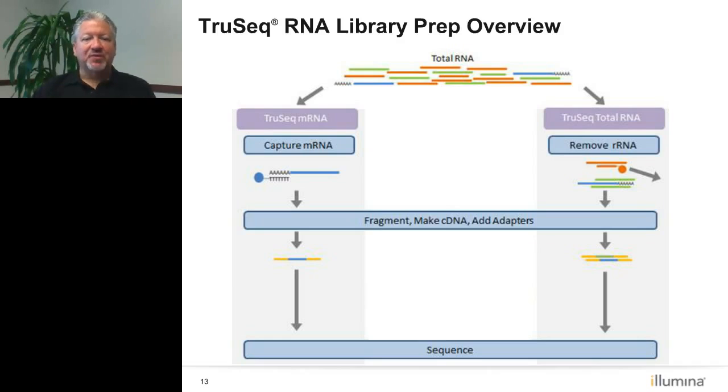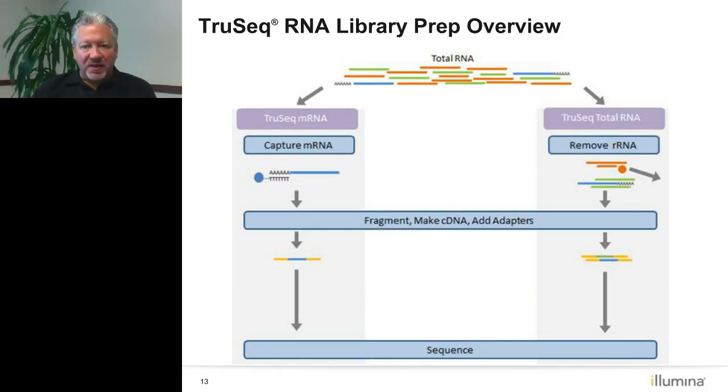A poly-A messenger RNA prep, the first thing you would do in our protocol is to capture the RNA away from the mostly ribosomal, but also intronic and all the non-coding RNAs and small RNAs. You're going to capture only mature messages and then fragment them, turn them into cDNA, add adapters, and essentially create a library that's appropriate for sequencing.